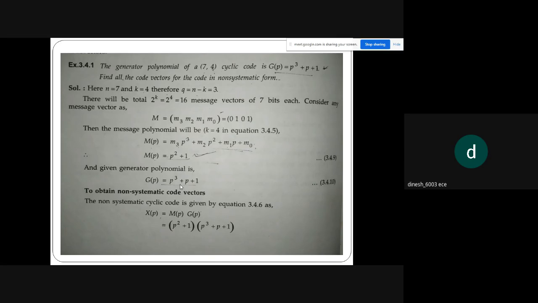M of p is your p square plus 1. Write it as it is. G of p is p power 3 plus p plus 1. So write it as it is. So after writing this, what we are going to do, I'll tell you. Just write the M of p that we had obtained. Write the G of p which is being given.